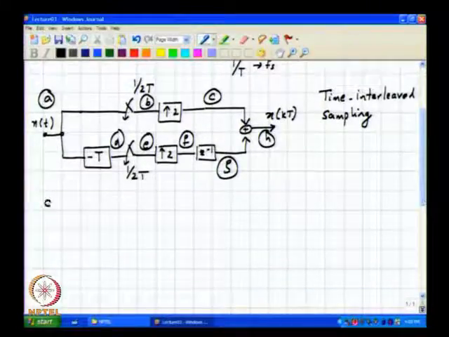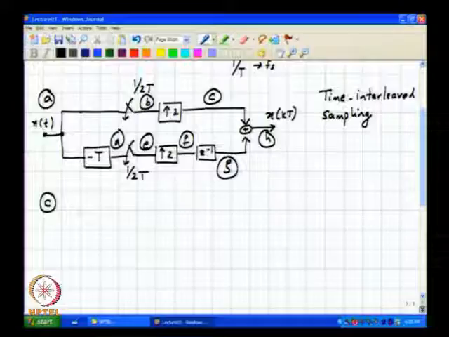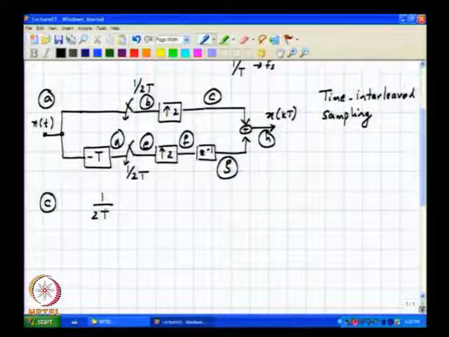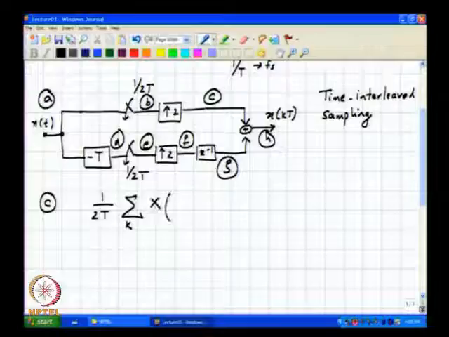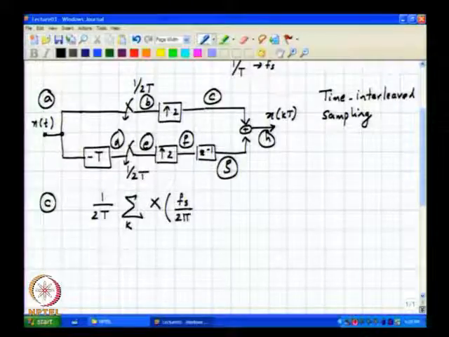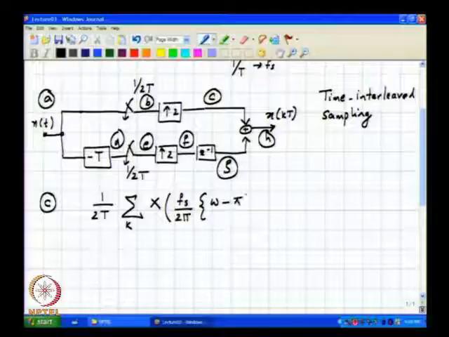I am not going to go over all the math again. At C, the spectrum must be of the form 1 by 2T, sum over all k, X of Fs by 2 pi times omega minus pi k.